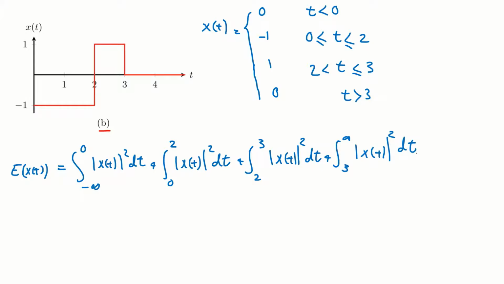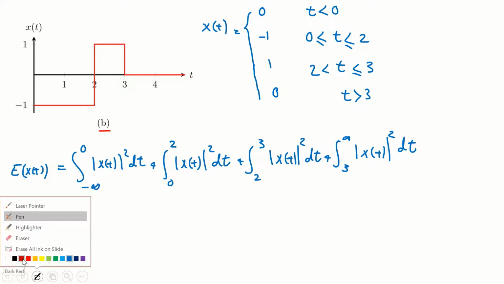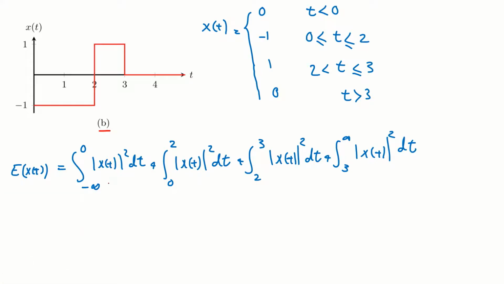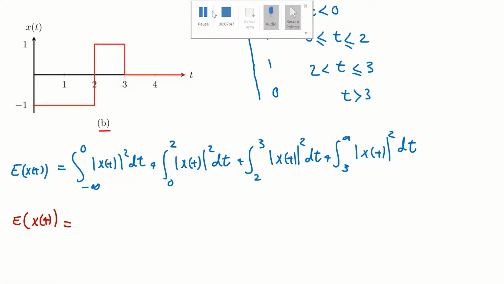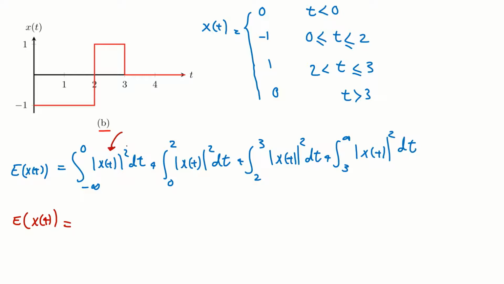Okay, so now I replace the value of the signal in these intervals. For the first interval, we know the value of the signal at this interval is 0. The value of the signal at this interval is minus 1.